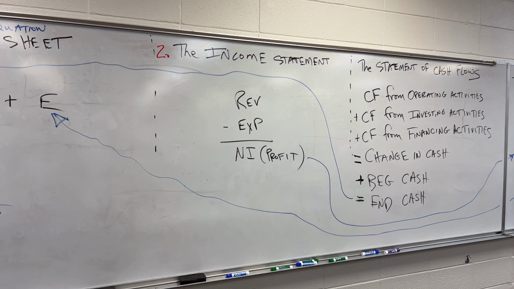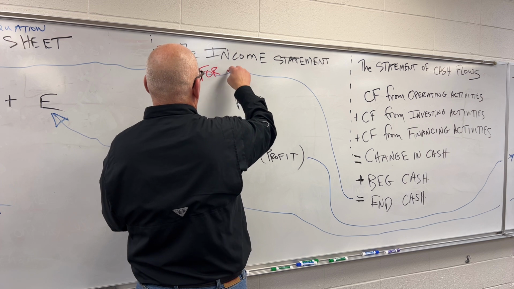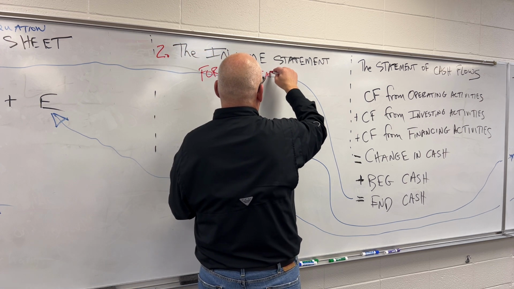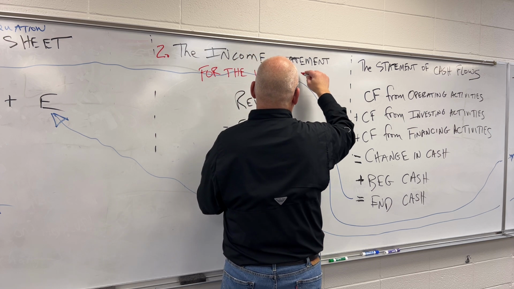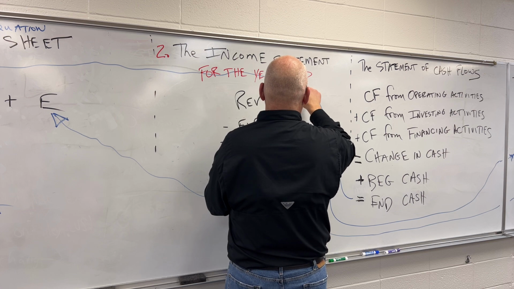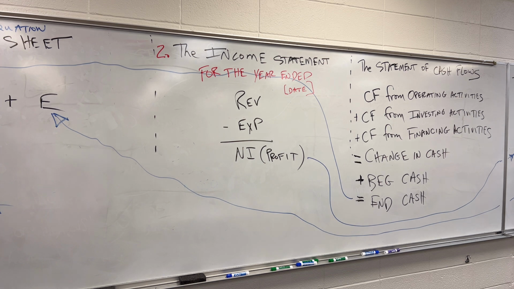How's that looking? Not looking pretty good, all things considered. This presentation is actually a little more organized than what I did in class. For the year ended, and then really there's a date there too, because many if not most companies use December 31st as the year end.